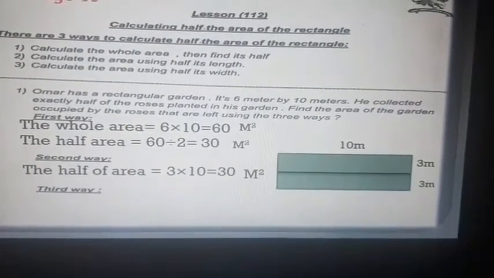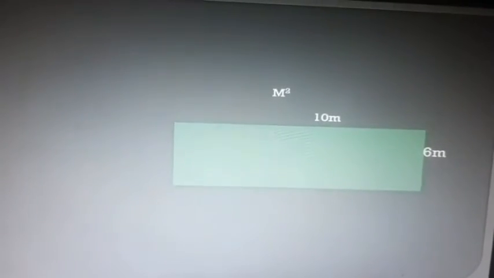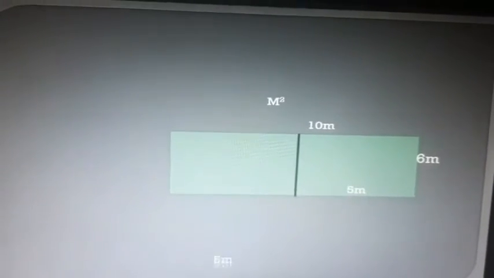Okay. The third way, I will draw the rectangle, but here I don't divide the width, I divide the length. I will draw the rectangle with 2 dimensions, 10 and 6, but here I will divide the length. So I will divide 10 in 2 parts. 10 divided 2, it will be, yes, 5 meters.